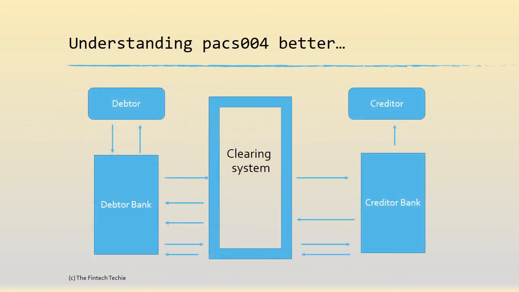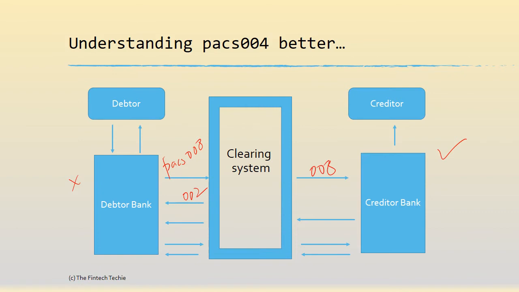One of the things we saw on a pacs.004 is when it comes into play. When we initiate a pacs.008 message, it is to debit somebody here and credit somebody in the counterparty bank. Now the clearing system might give you a technical reject pacs.002 immediately, or if the message is fine, it goes on to the other bank, and then the creditor bank may accept it or reject it.